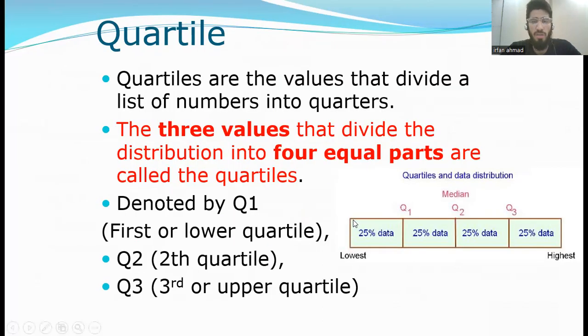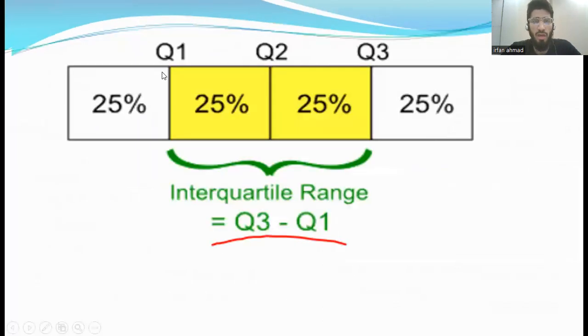The second term we also use is the interquartile range, which is Q3 minus Q1. Actually, the interquartile range gives us information about the distribution of the data. If it is more toward Q1, it means negative skewness, and if it is more toward Q3, it is positive skewness, toward the right or toward the left.